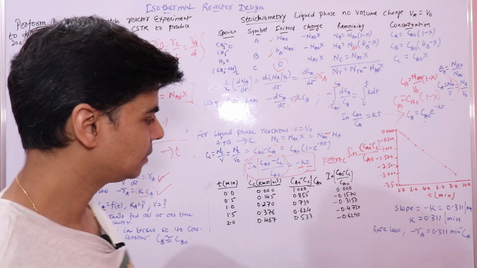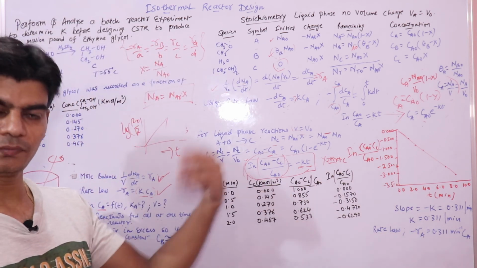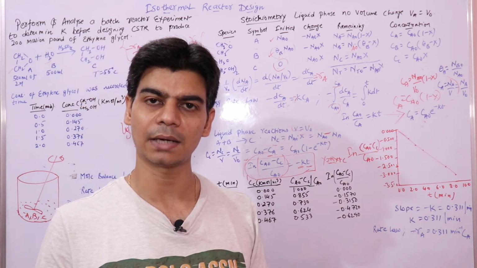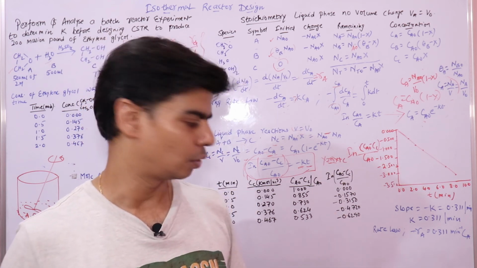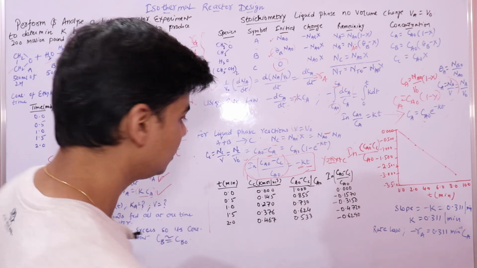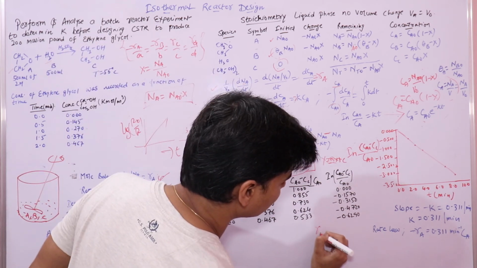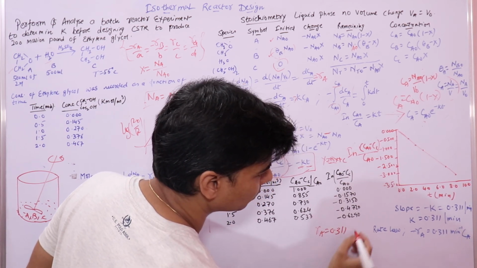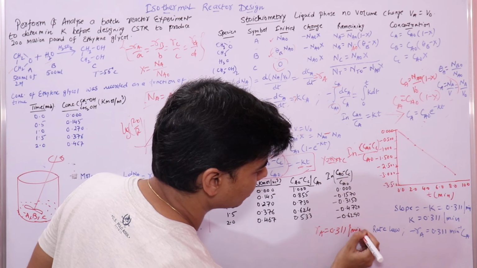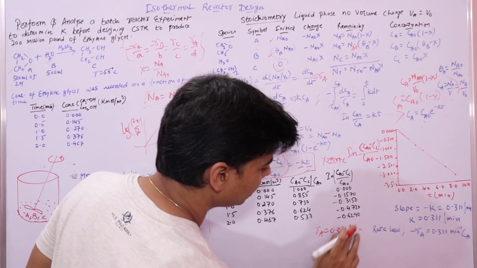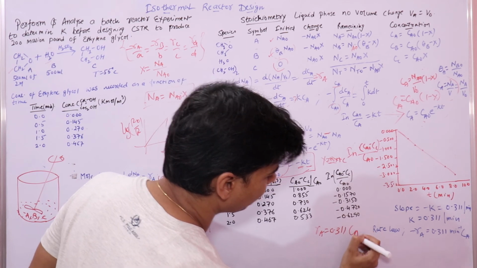So the rate law expression, which we have to use in the design of CSTR because the design of a CSTR reactor includes the rate law, that is rA, would be 0.311 per minute times CA.